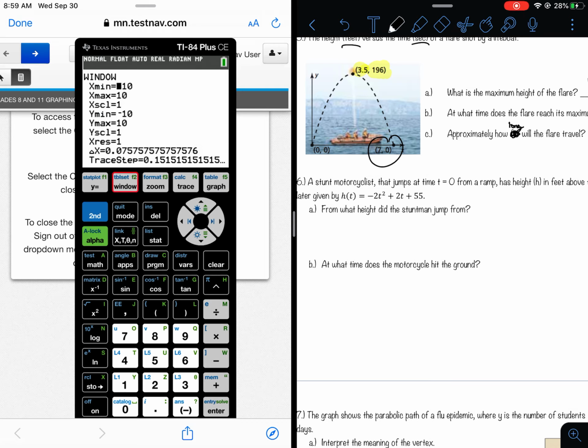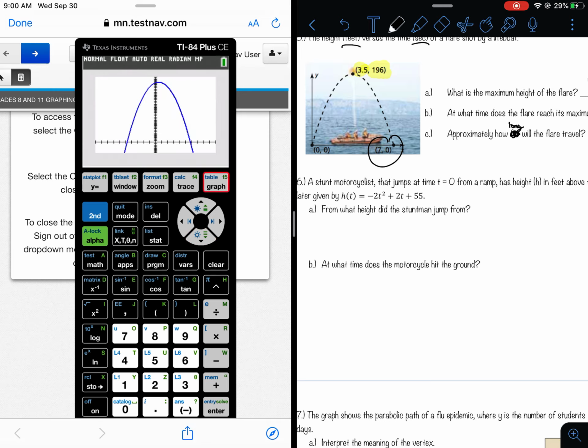So you can click on window, and I need my y value to be taller. I don't want my y max to be 10. I want my y max to be higher than that. Since I know that the y-intercept is 55, it should be higher than that. So let's just try 60. Now when we hit graph, it just stretches the y-axis up so that I can see the whole graph.